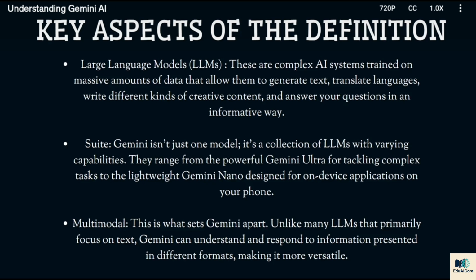Okay. So basically, Gemini isn't just one model. This particular Gemini is not made up of only one model. It consists of multiple models, or you can call it a collection of large language models, which makes it a complex AI with varying capabilities.